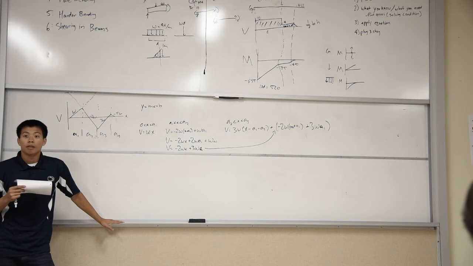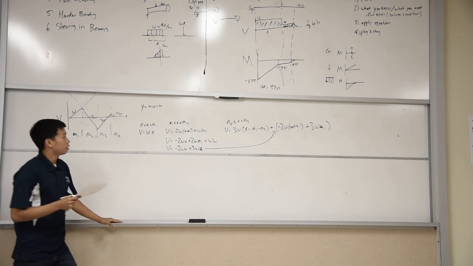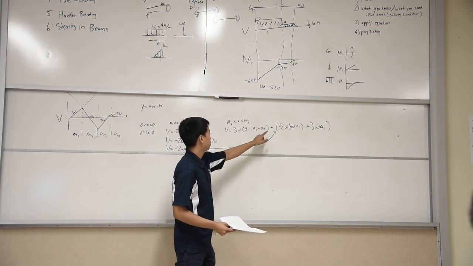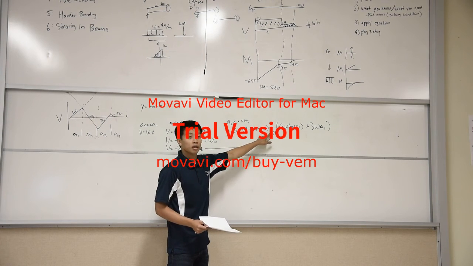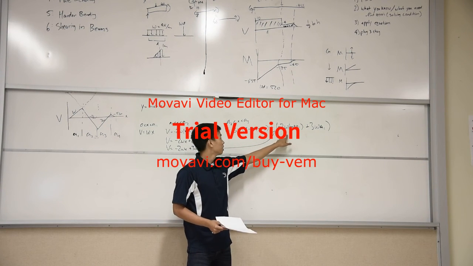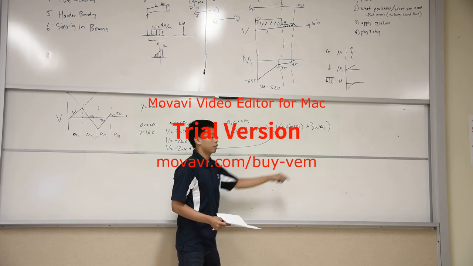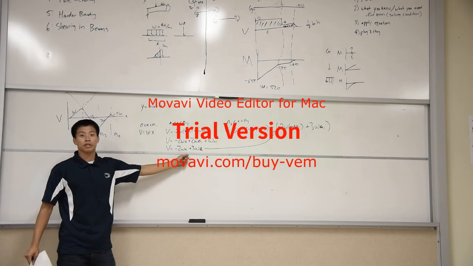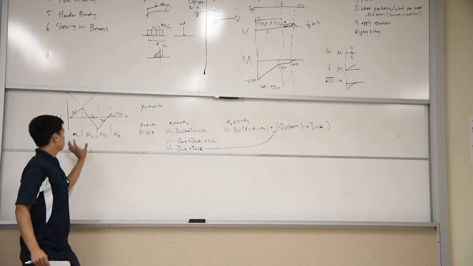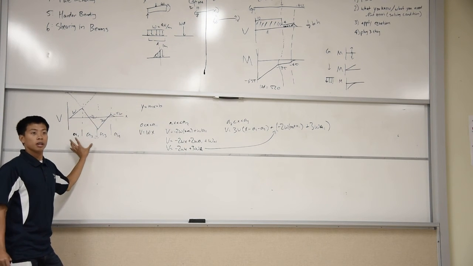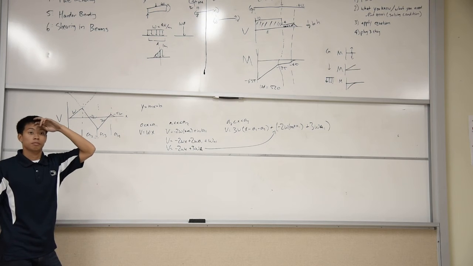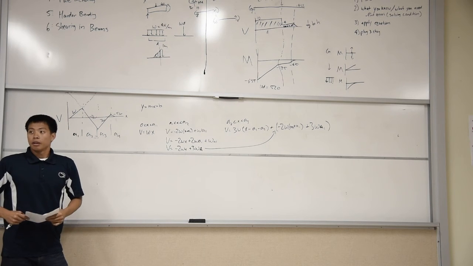What's the middle term? 2W? That's in parentheses, A2 plus A1, because I'm plugging in A2 plus A1 for this X right here. Good?